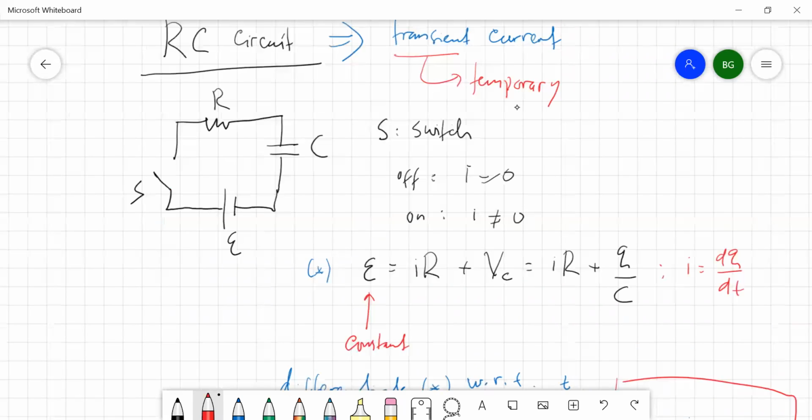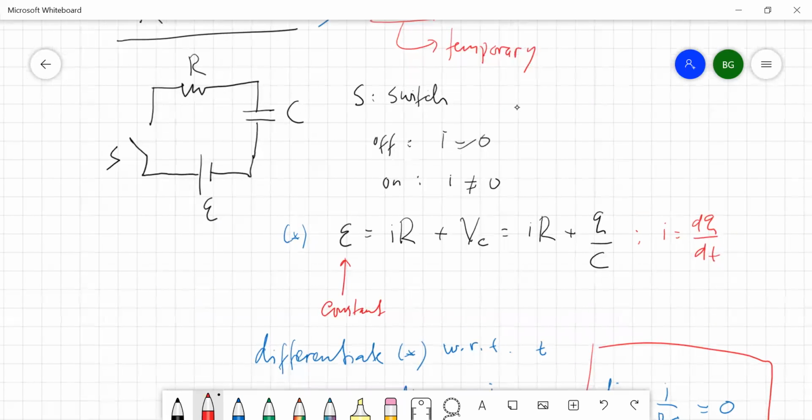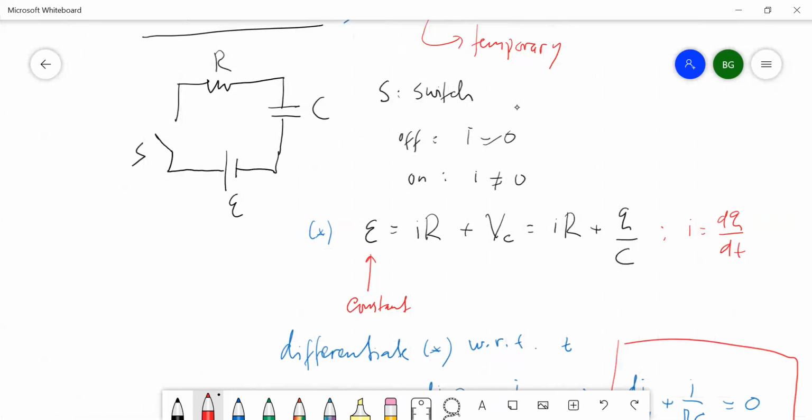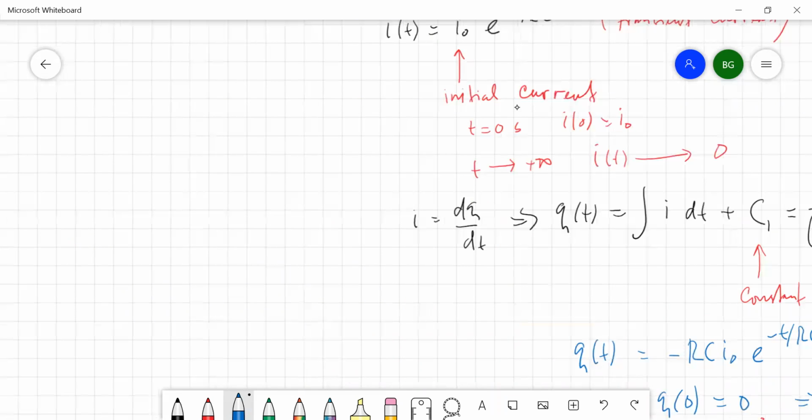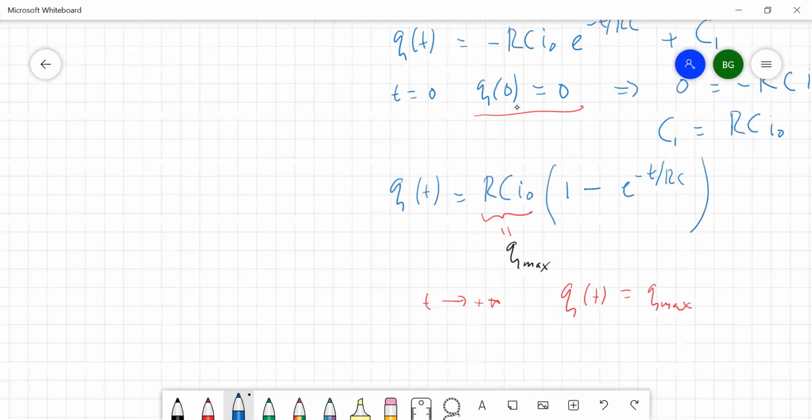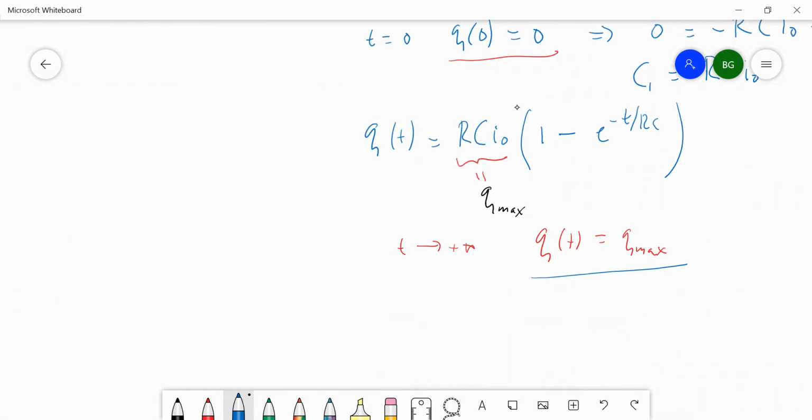I just want to say that at t equals 0, the capacitor C is empty, meaning there is no charge in the capacitor. As t goes to infinity, the capacitor will be fully charged.